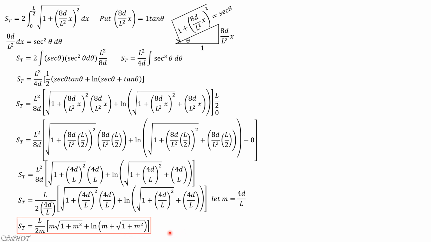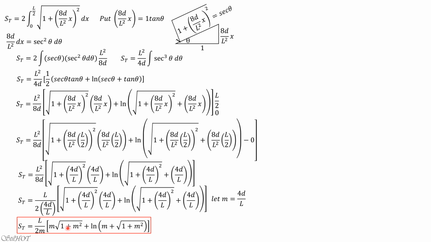So it's easy to memorize, especially if you derive this also. And remember that m is 4D over L. So the total length is L over 2m for a symmetrical cable, quantity m times the square root of 1 plus m squared plus ln of m plus the square root of 1 plus m squared.